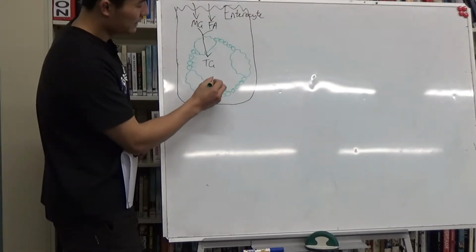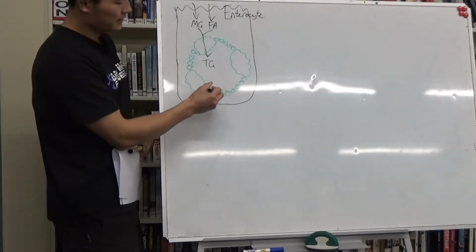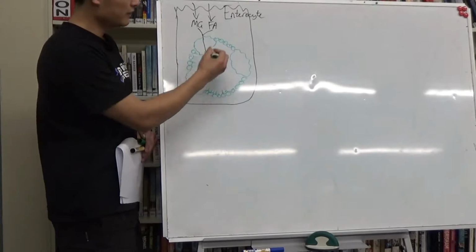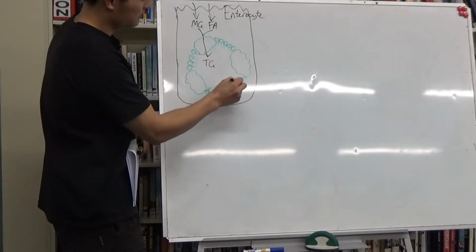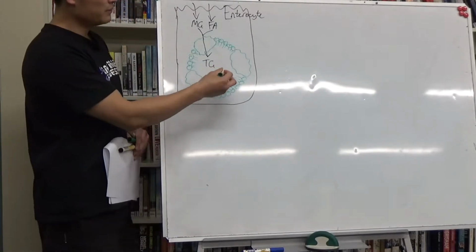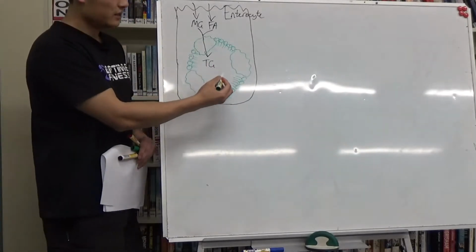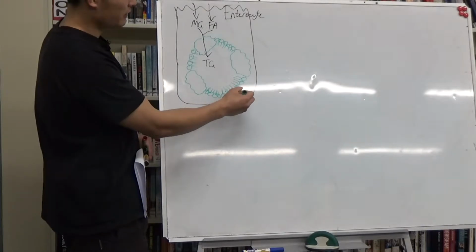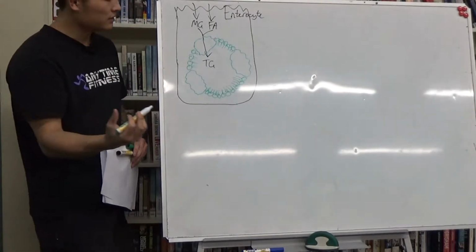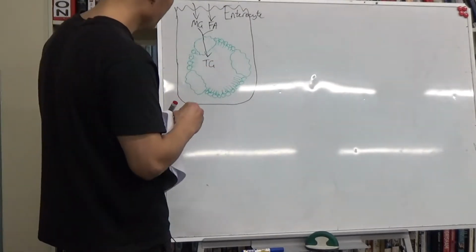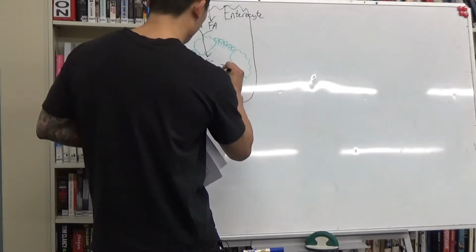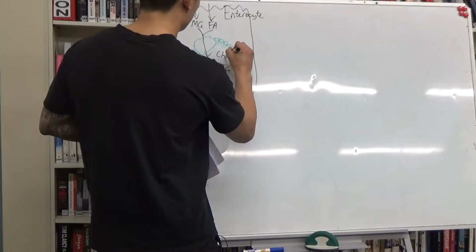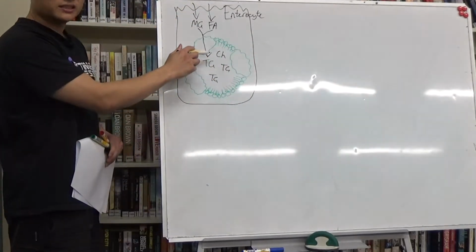So that means that, remember these tails are nonpolar, so that creates a nonpolar environment for all these lipids inside, whereas the heads can interact with the aqueous environment. Okay, so inside your chylomicron, you're going to have a lot of triglycerides and a few cholesterol molecules as well.